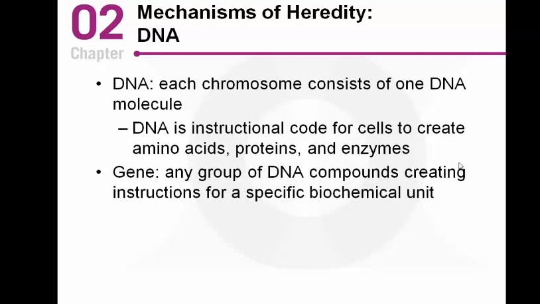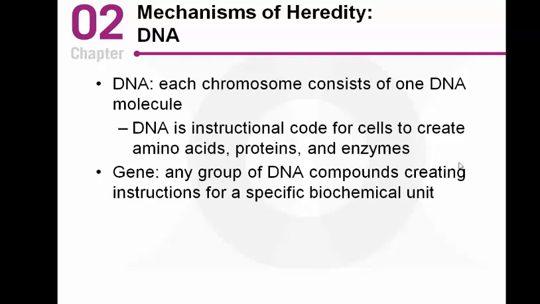Alright, so each chromosome is made up of DNA. Now, you've probably heard of DNA. When we talk about DNA, it's deoxyribonucleic acid. That's what that stands for. But DNA is your instructional code for the production of things that you need, amino acids, proteins, and enzymes here. Now, probably where you hear DNA would be on all the daytime talk shows where you hear people doing DNA testing to see is this the person, the father, or not.